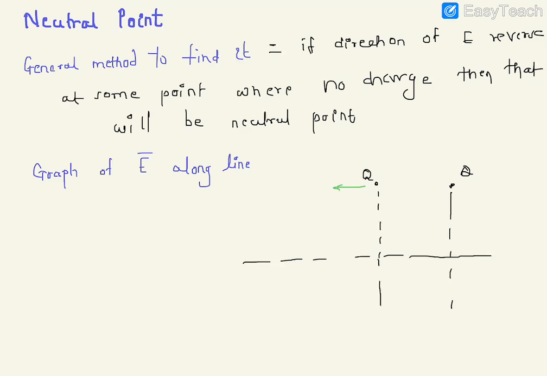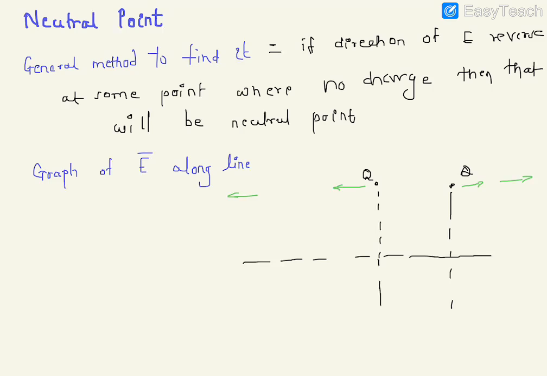I will see that as soon as I move from point Q towards the left, the electric field lines are towards the left, even at infinity. Similarly, from point Q if I move towards the right to infinity, I see my electric field is also on the right side.